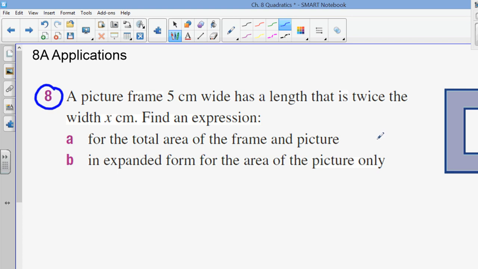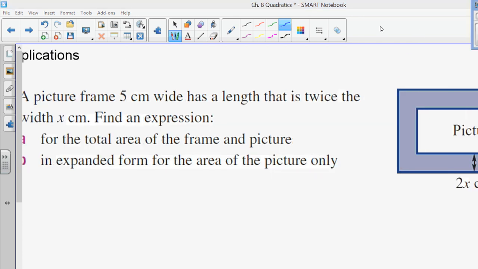So the frame itself is 5 centimeters wide as it's shown here, and then you've got twice the width of that for the total area of the frame and the picture. Okay, so we don't know how wide. Since they show you that the frame is x centimeters wide, and then the length is 2x, and the width is 5, just here, that means up here we also have 5, and this whole side is x.